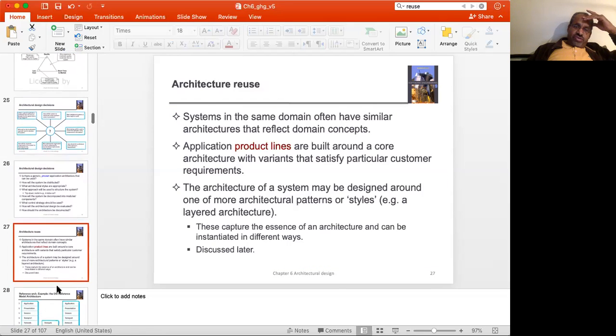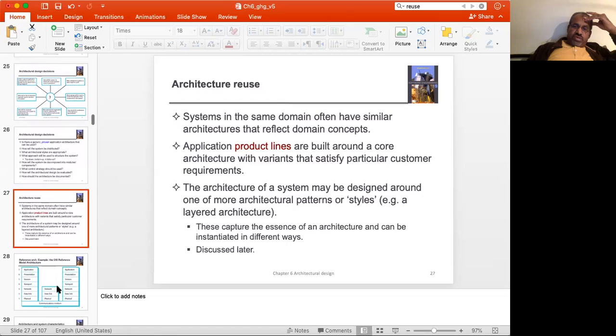Architecture reuse. When you have a proven and properly working architecture, maybe you can apply it elsewhere to similar applications. So these architectures act as templates you instantiate for different organizations. We've already done a bit of that, but maybe the new thing to mention here is the idea of an architectural pattern or style.